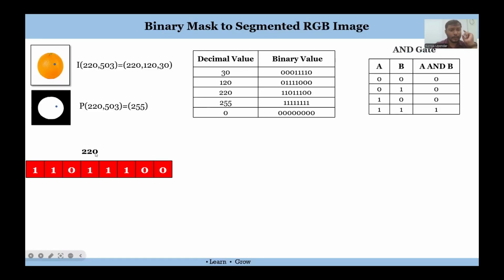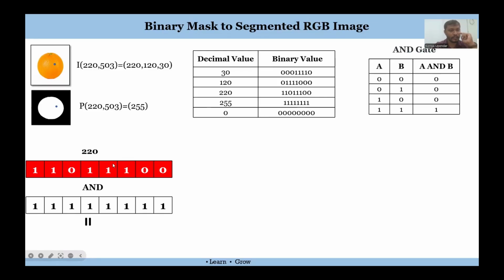Now 220: first we compare the red with this value, next the green with this value, and the blue with this value. Take 220 and 255, whose binary value is 11111111. Where both are 1, we get 1; where it's 0 and 1, we get 0 only.